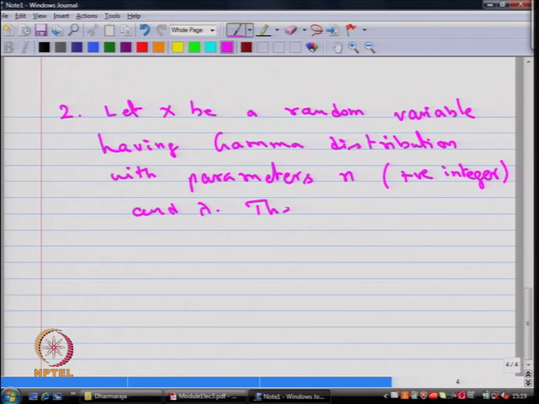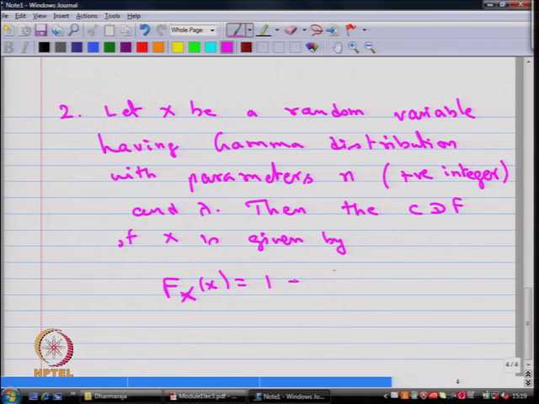Then the cumulative distribution function, CDF, of X is given by capital F of x for the random variable X, that is 1 minus the summation i equal to 0 to n minus 1 of (lambda x) power i e power minus lambda x divided by i factorial.